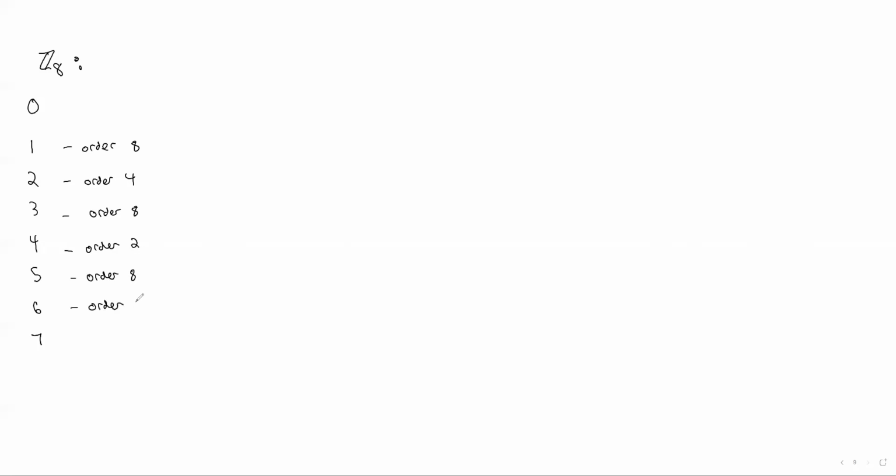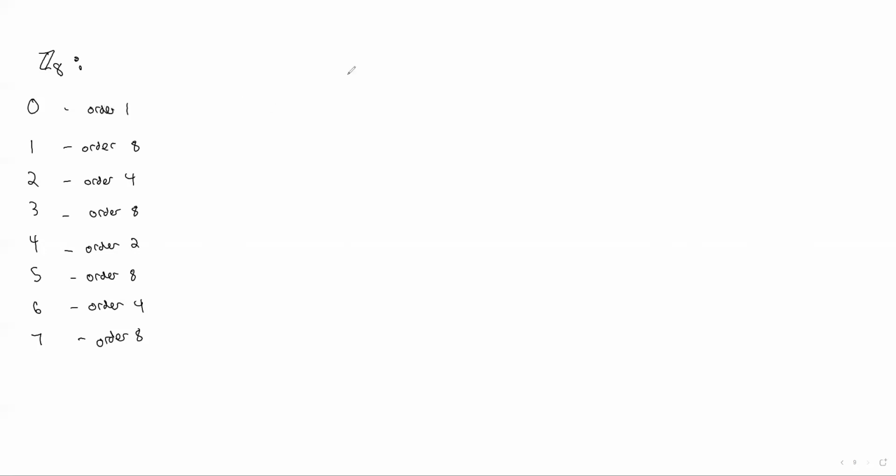So let's look at Z8. There's 0, 1, 2, 3, 4, 5, 6, 7. This has order 8. This has order 4. This has order 8. This has order 2. This has order 8. This has order 4. And this has order 8. And this is the identity, so it has order 1.